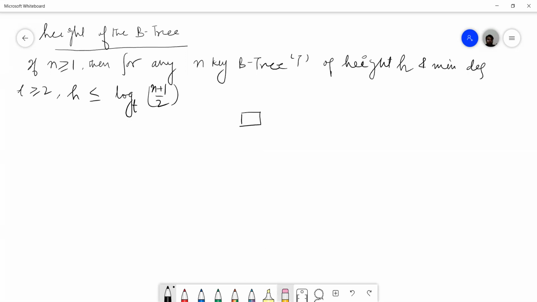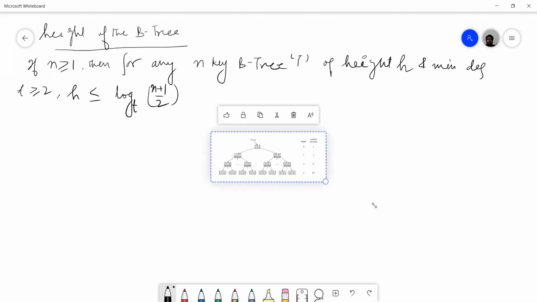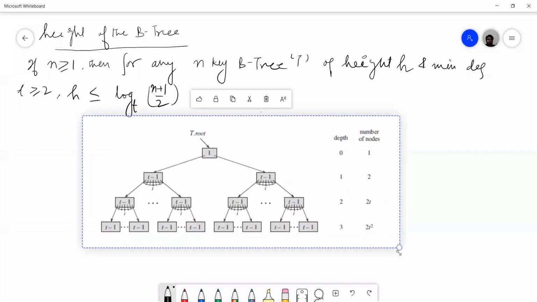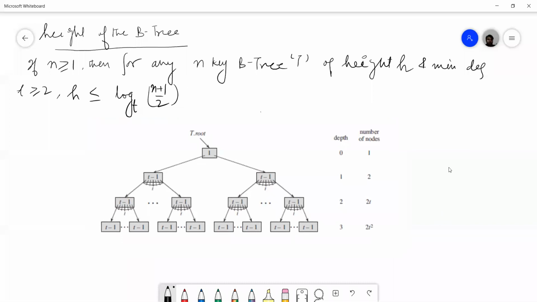Let me take this. I hope this is visible, class. Yes, sir. So if you see this B tree, at the root we have only one key.